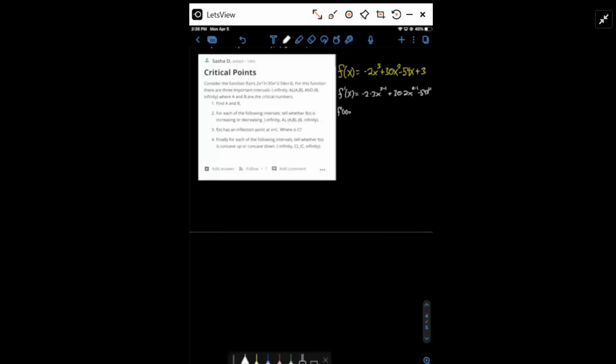So f prime of x is negative 6x squared plus 60x minus 54.